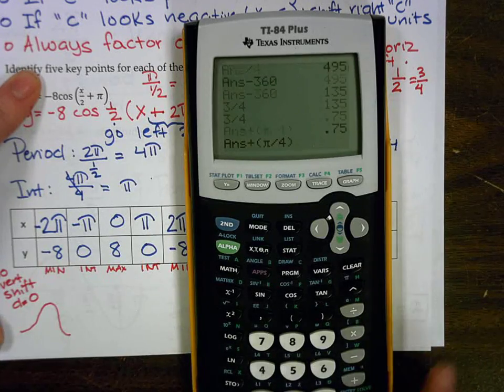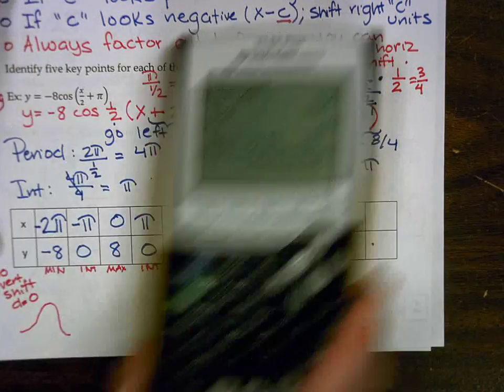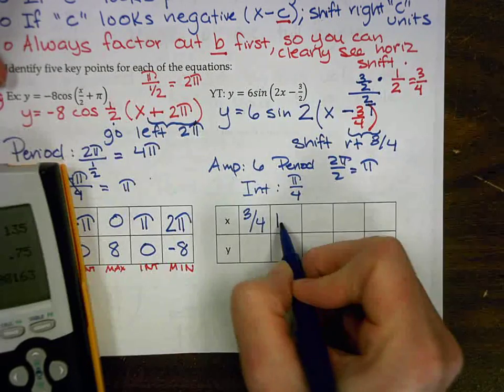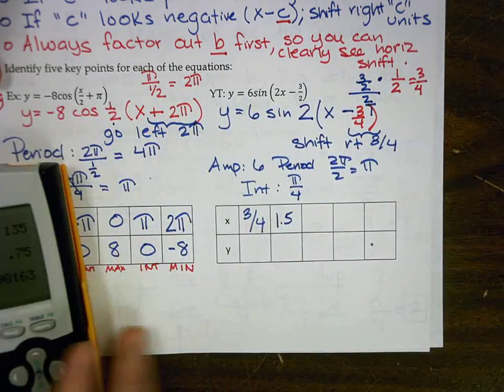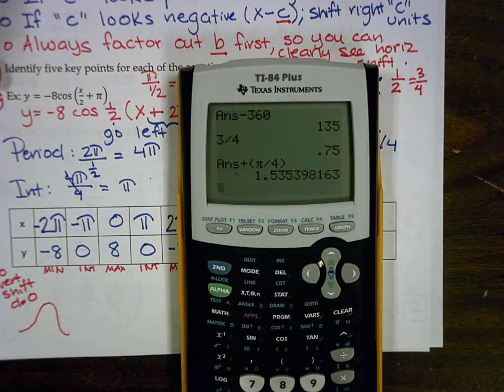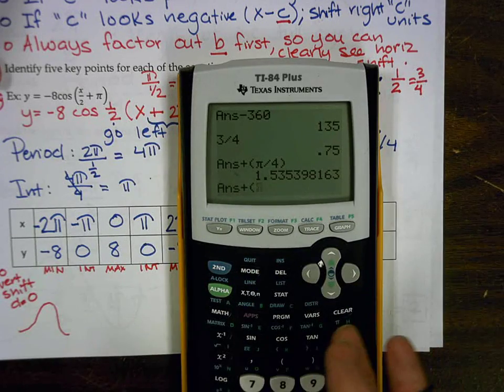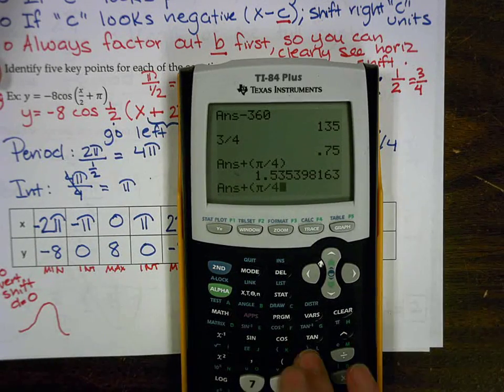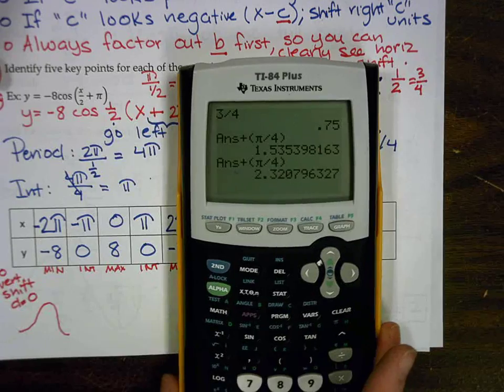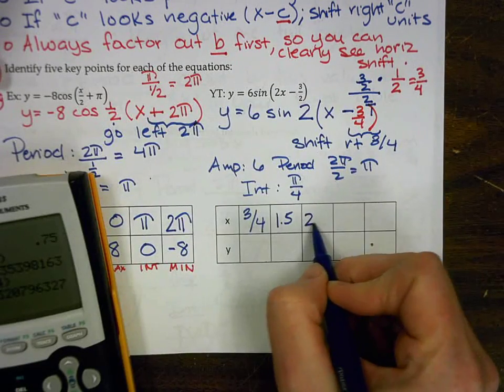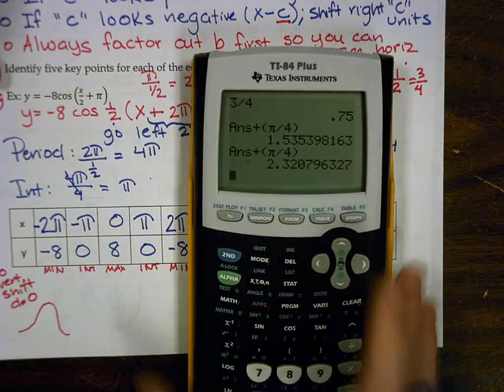I'm adding those two values together, and what do I get? 1.5. And then I'm going to add to 1.5 plus pi divided by 4. And what do I get for the second value? 2.3.